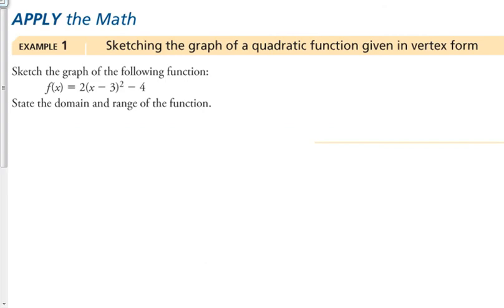Let's do an example. Sketch the graph of the following function. F of x is equal to 2 times x minus 3 squared minus 4. State the domain and range of the function. We know a is greater than 0, so our parabola opens up.